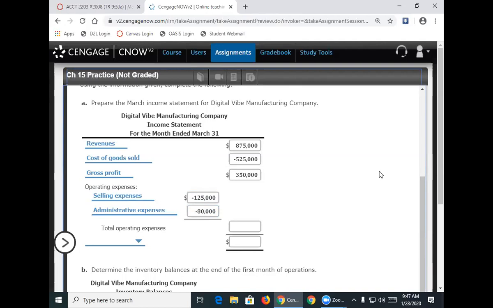So total operating expenses, what, 205,000. So then what's my net income? 145,000. Good.